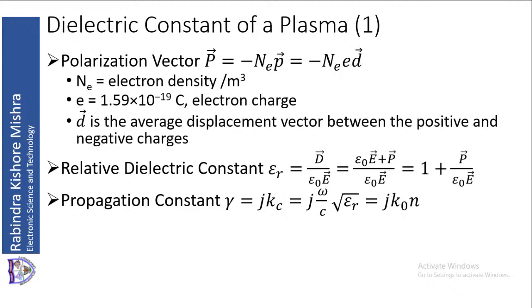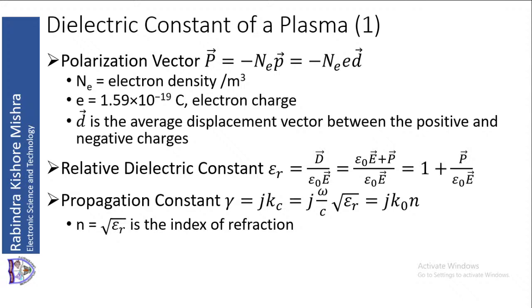Omega upon c is k0, k0 being the wave number in free space. So gamma is equal to j k0 into root over of epsilon r. As you know, root over of epsilon r is equal to n, the refractive index. Therefore, the propagation constant is equal to j k0 into n. n is equal to root over of epsilon r, the index of refraction.